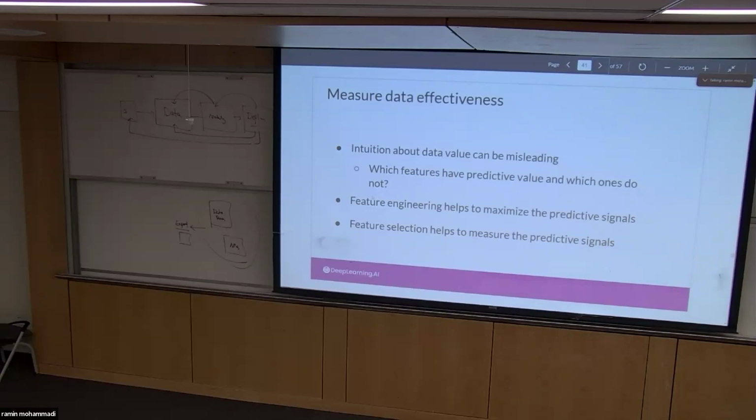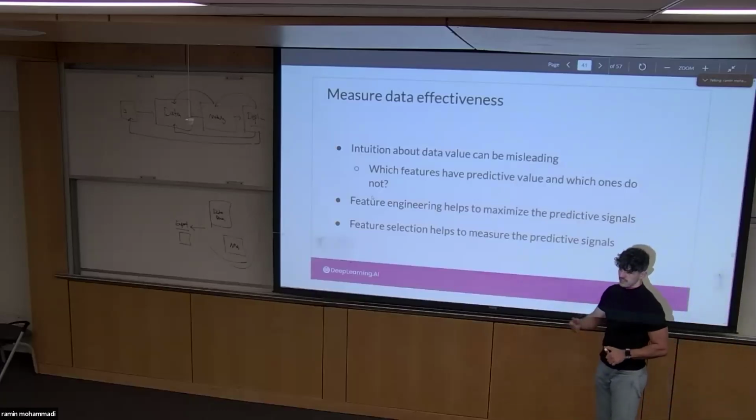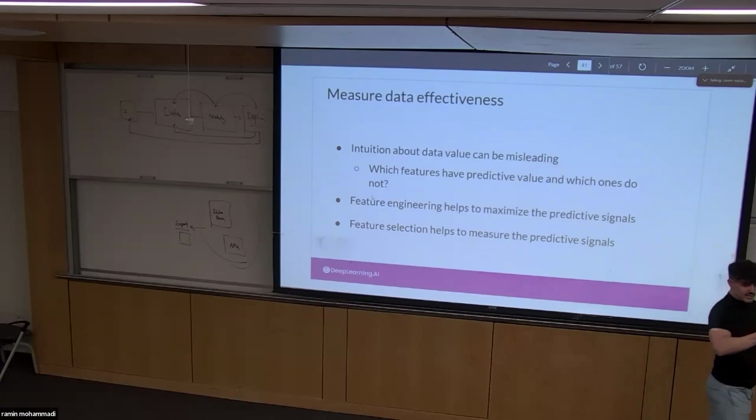Be sure that you do feature engineering and feature selection. Feature engineering helps to maximize the predictive signal because you build new features to improve that predictive signal, and feature selection helps to measure the predictive signal. When you do feature selection, you look at all these features and see which ones are useful and help the model accuracy, and which ones are not, so you remove the ones that are not useful.